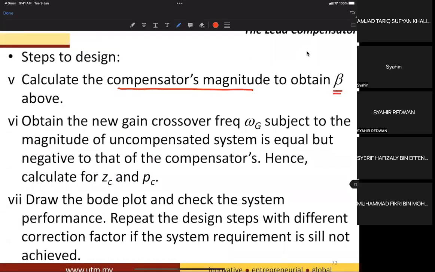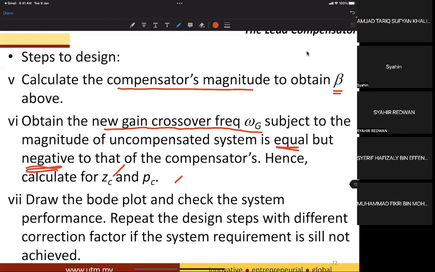Then obtain the new gain crossover frequency, where the magnitude of the compensated system is equal but negative to that of the compensator. And calculate ZC and PC.